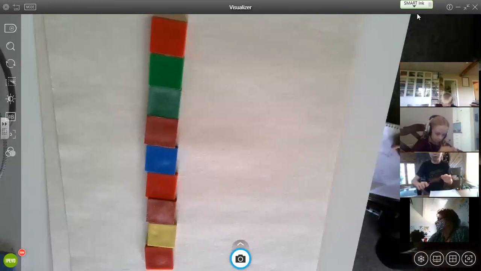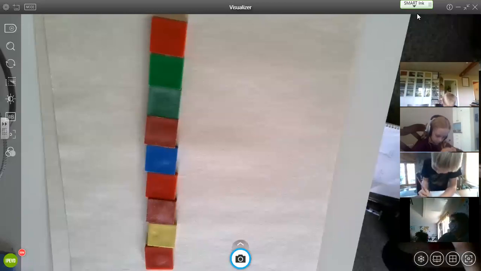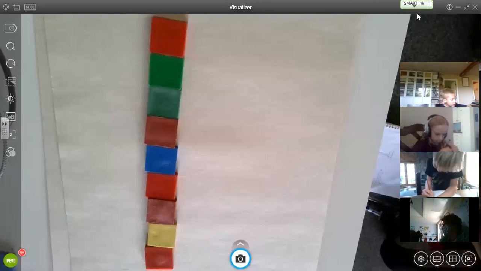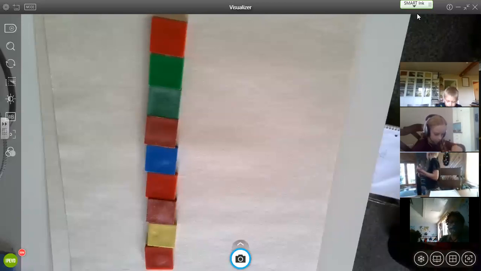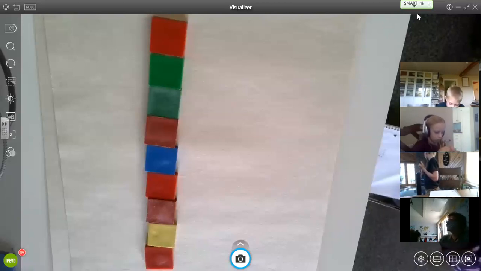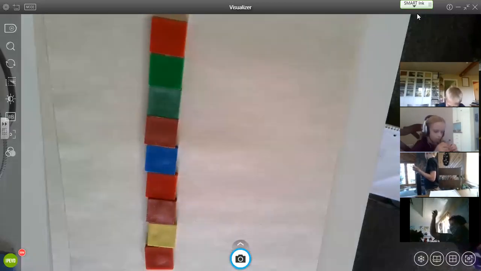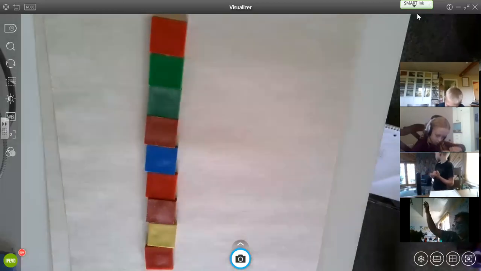I want you to know that you can find area by counting, but I also think this is for you to see that connection between the area, length and the width and how you find area, because you're going to be expected to do that. Wait till the numbers get bigger and you're going to have to multiply. You won't be able to count them all. You're going to have to use multiplication.